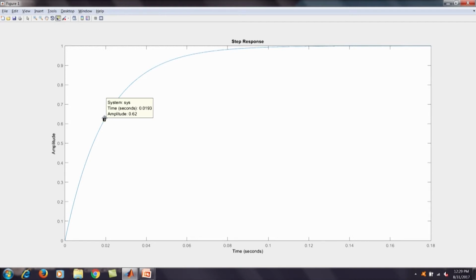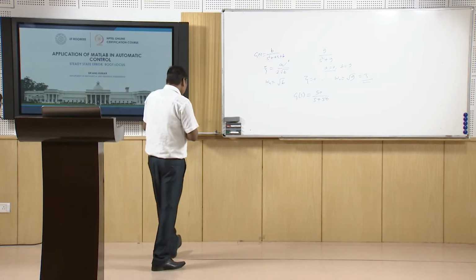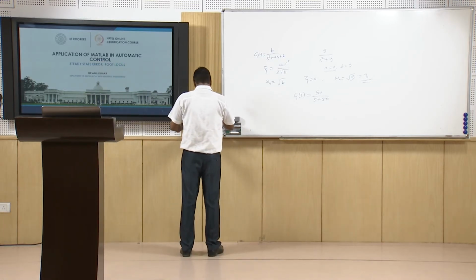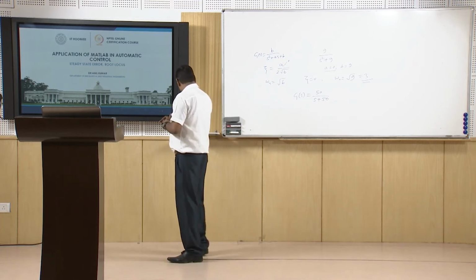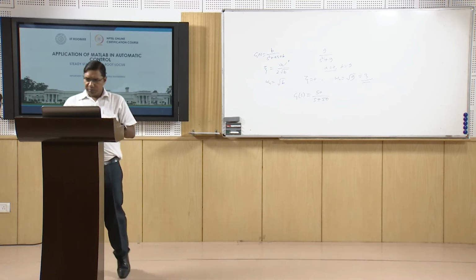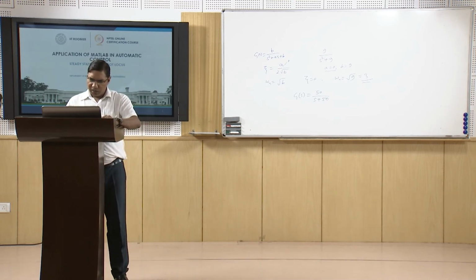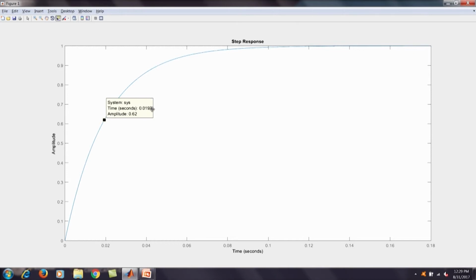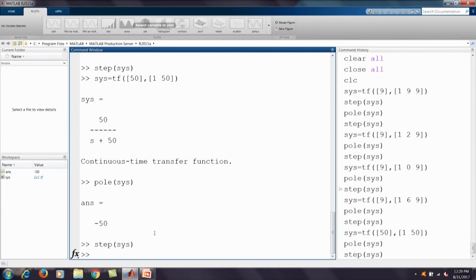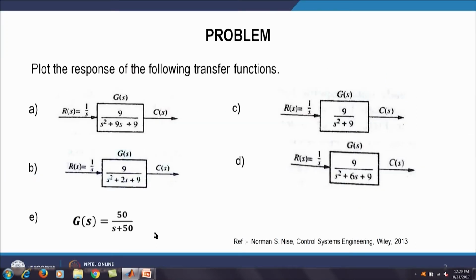So from this curve we can find the time constant, that is where the response reaches 63%, so the time constant is about 0.02 second. This is the response of the first order system. So here we can obtain the response of first order and second order systems in Matlab.